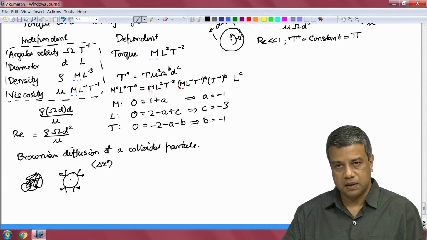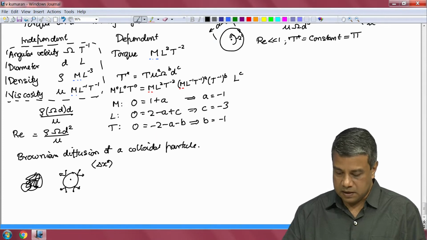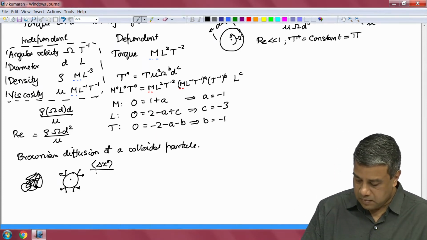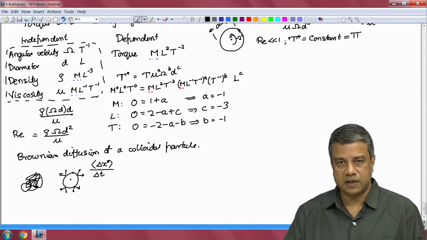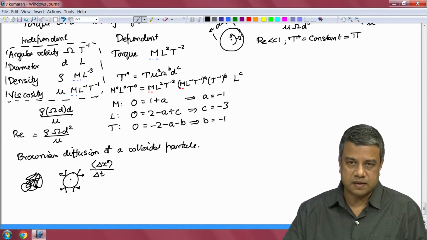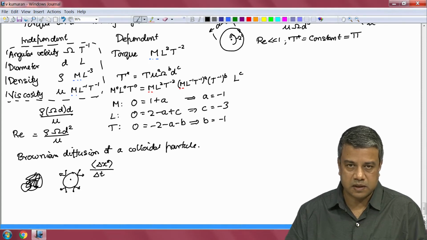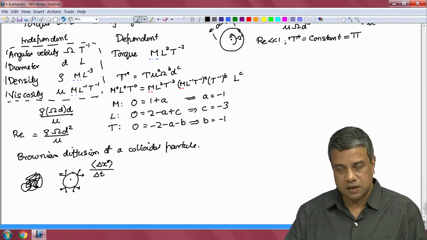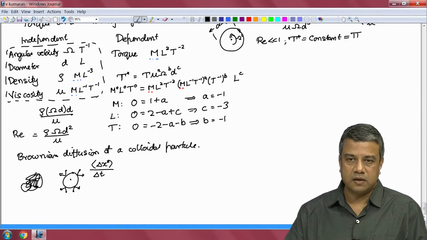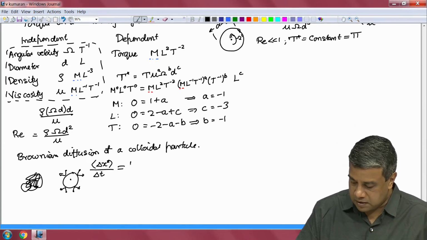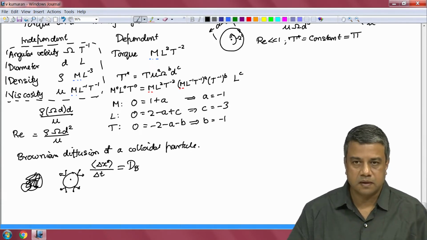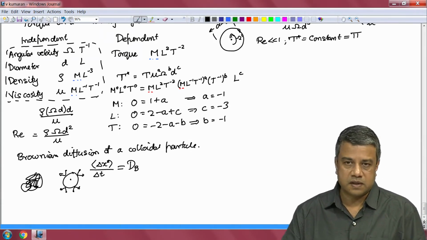And the square of the displacement is found to be proportional to the time of observation of this particle. If you wait longer, it will spread over a longer distance. The square of that distance is proportional to time, and the proportionality constant is what is called the Brownian diffusion coefficient.